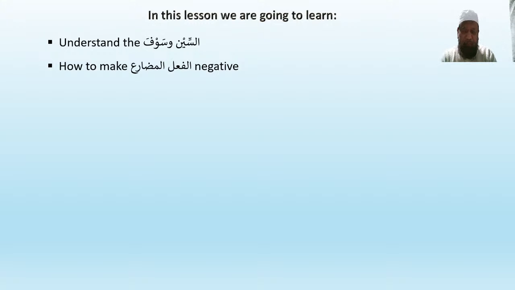Normally there are three signs of a fi'l: if قد comes, if seen comes, and if سوف comes, then normally these three are the signs of a fi'l. قد, we've learned, is a حرف تحقيق. قد comes in فعل الماضي. قد also comes in فعل المضارع.